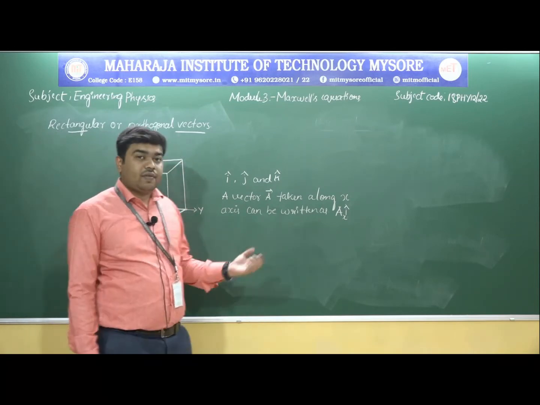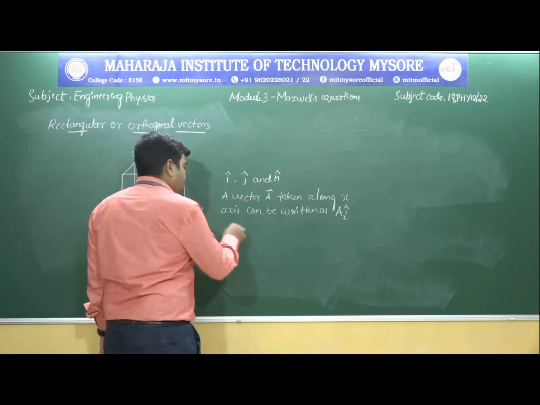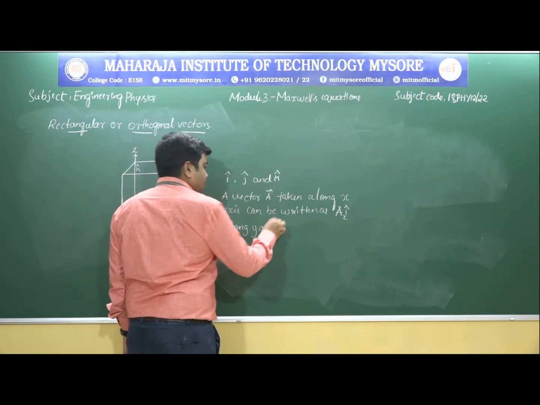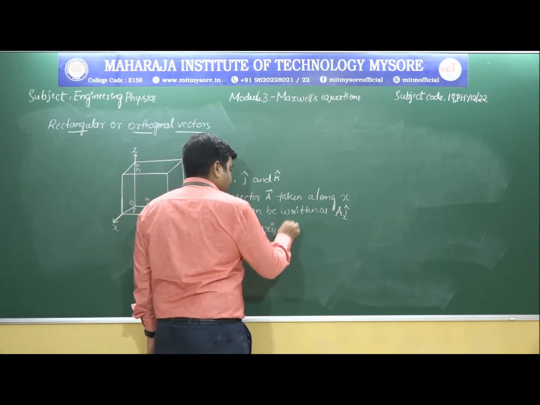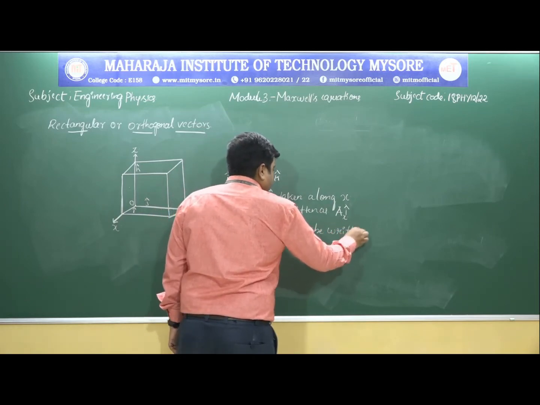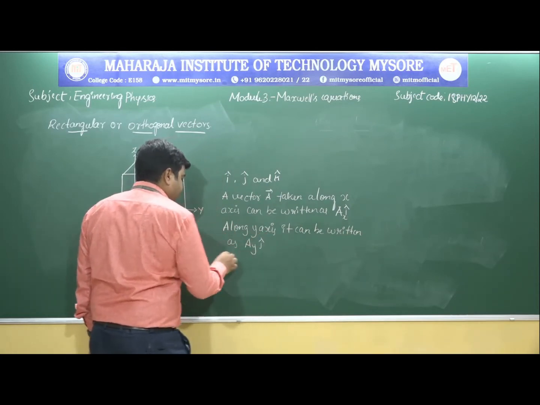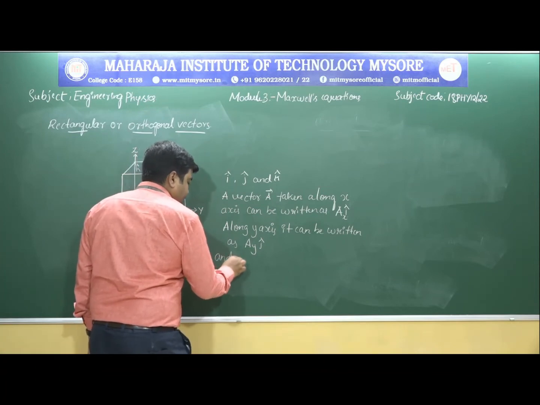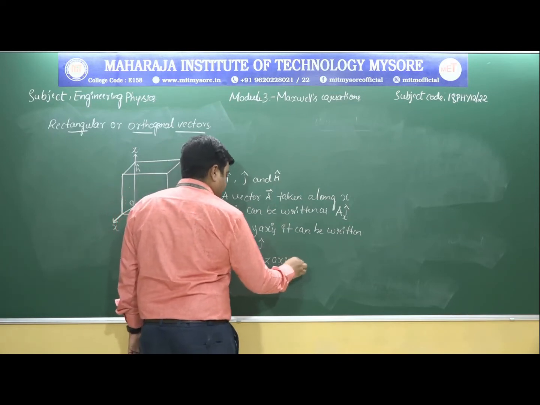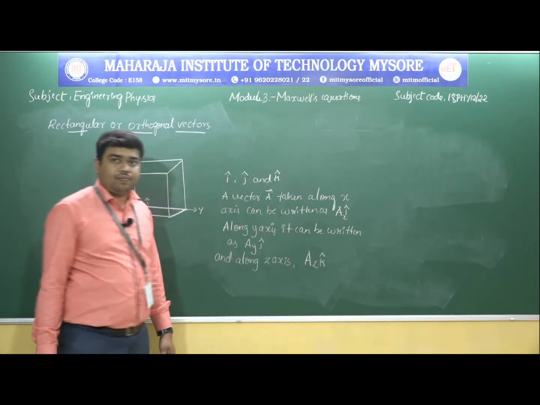If the vector A is resolved along the y axis, it can be written as Ay into j cap, and along the z axis it becomes Az into k cap.